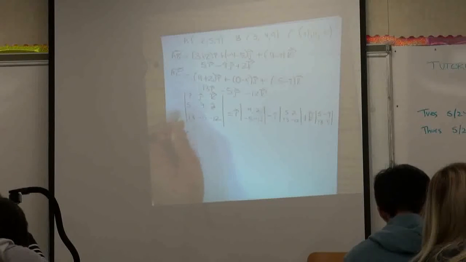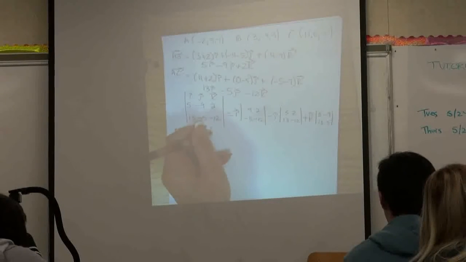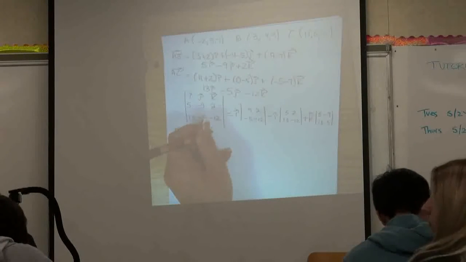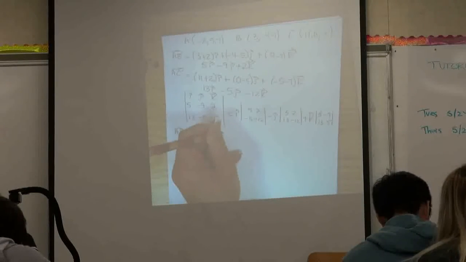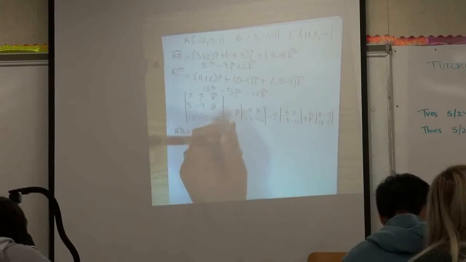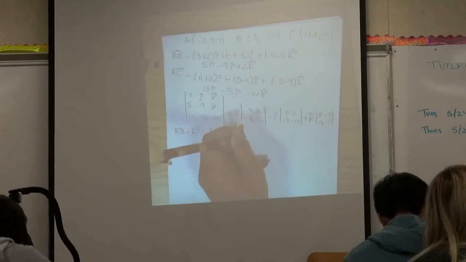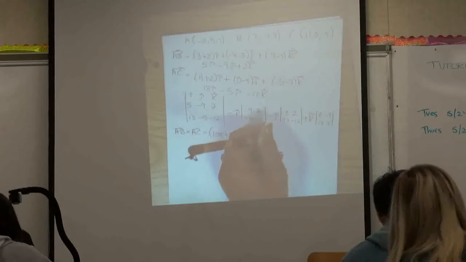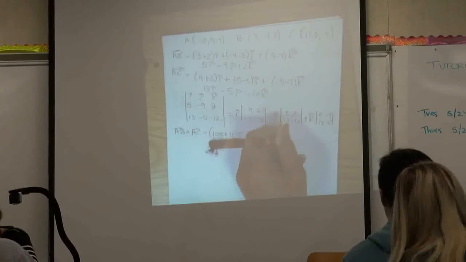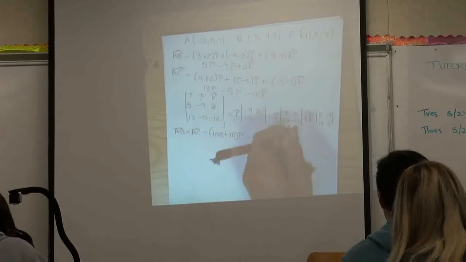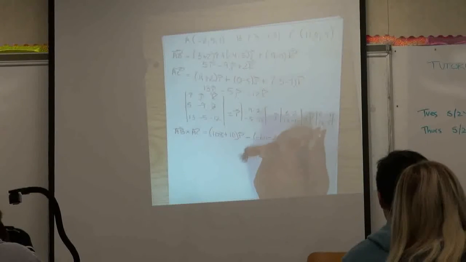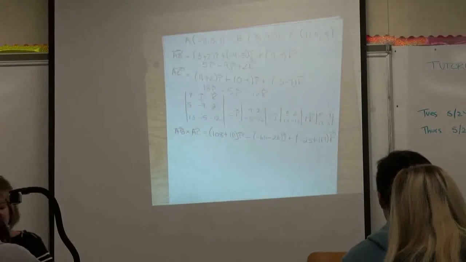So vector AB cross vector AC is going to be what? Final answer. 108 i minus negative 60 minus 26 j plus negative 25 plus 117 k.